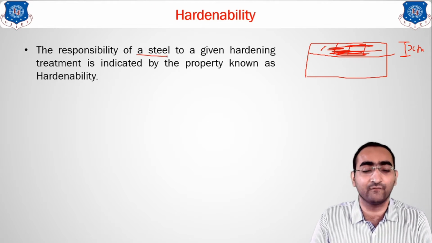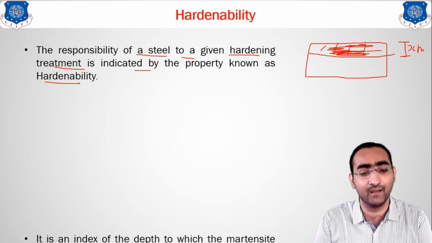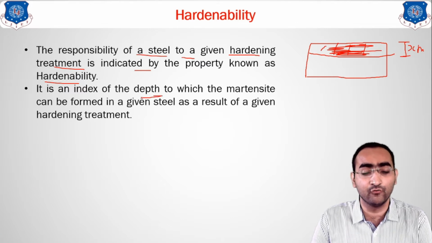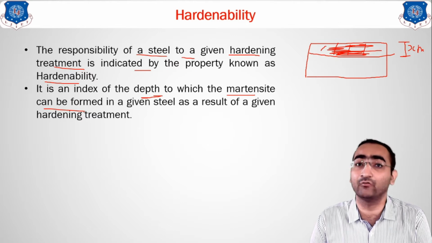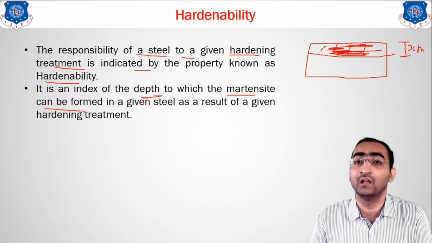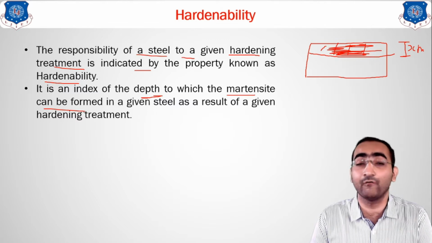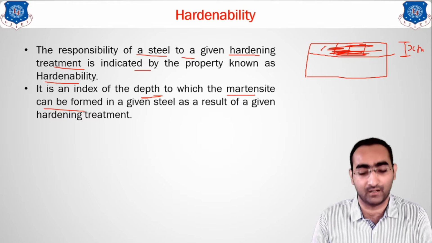The response of a steel to a given hardening treatment is indicated by the property known as hardenability. It is an index of the depth to which martensite can be formed. The hardness in the material comes from the martensitic structure, and we get the martensitic structure by rapid cooling of the material.